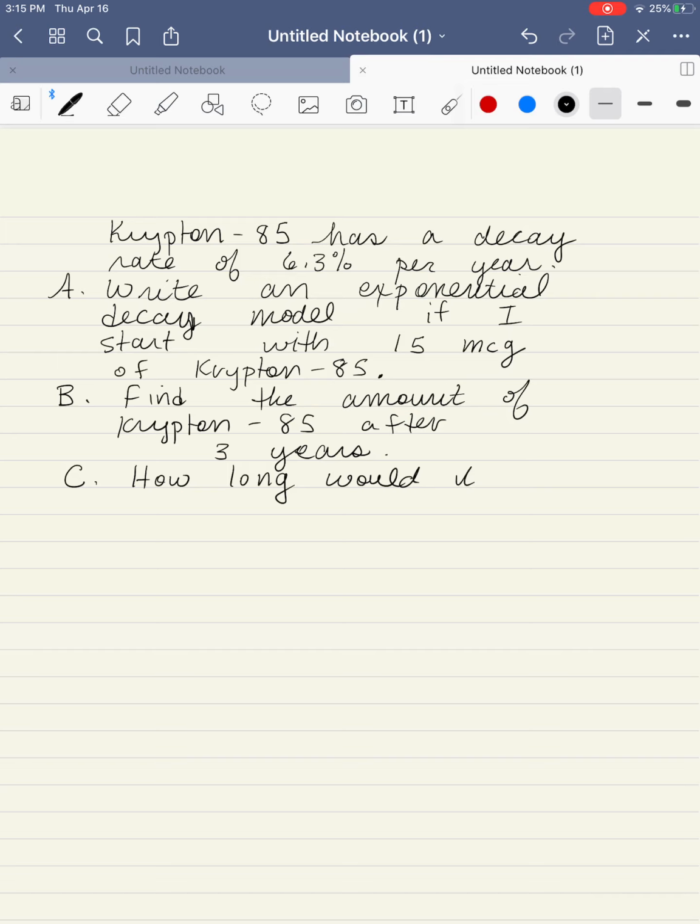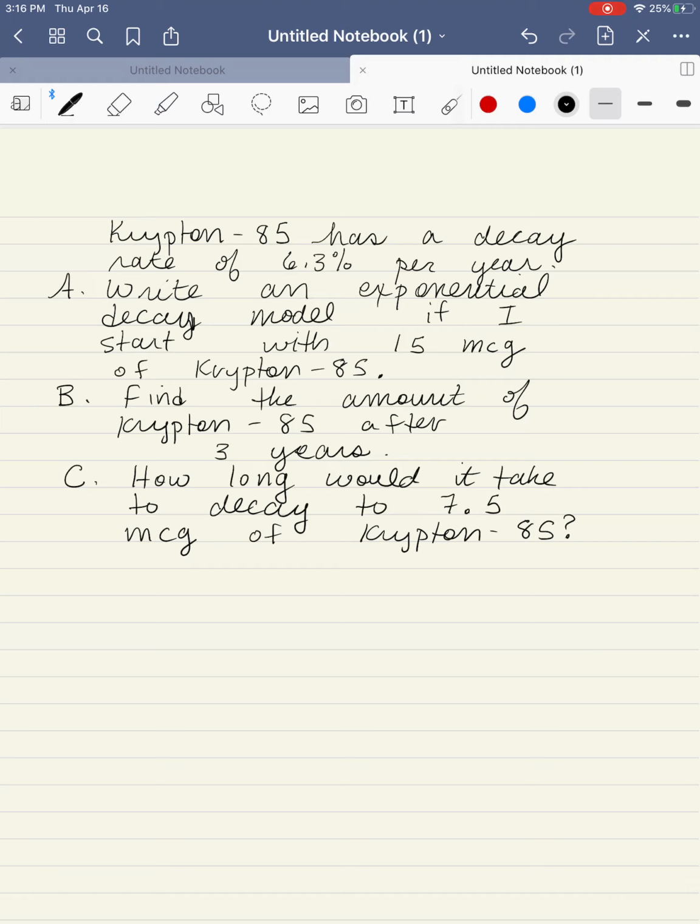And finally, how long would it take to decay to 7.5 micrograms of krypton 85?